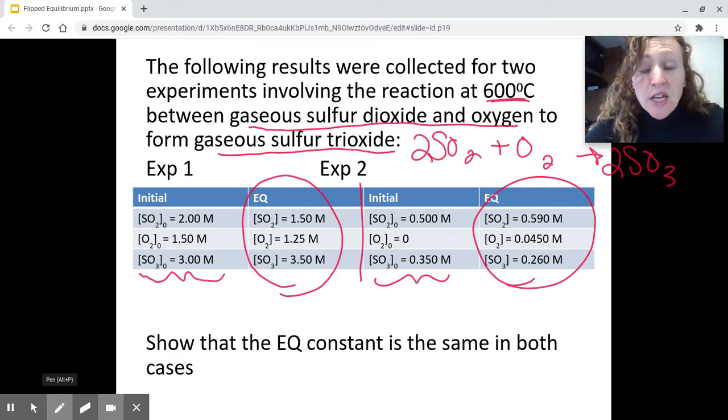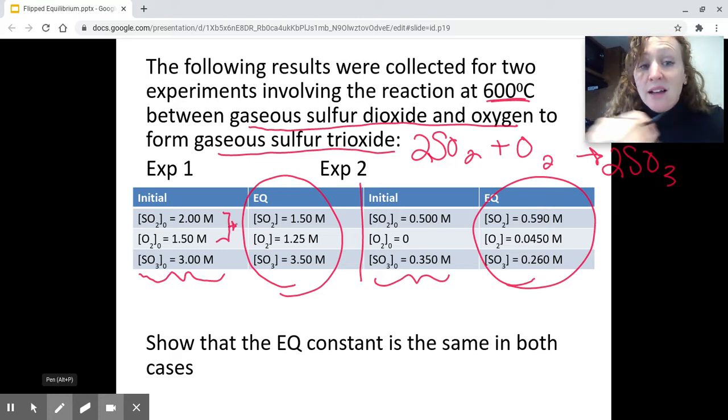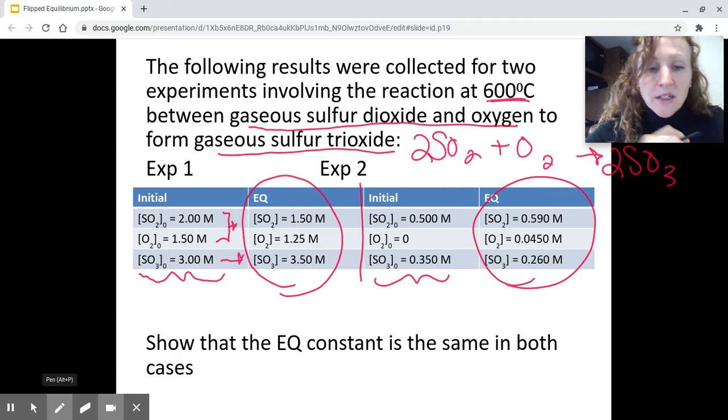All right, so you can see in experiment 1, they started with a little bit of everything, and in experiment 2, they were completely missing oxygen. Oxygen wasn't there. And so experiment 1 tended to lose reactants. Notice reactants in experiment 1 started high and then got a little bit lower. The product started low and got a little bit higher.